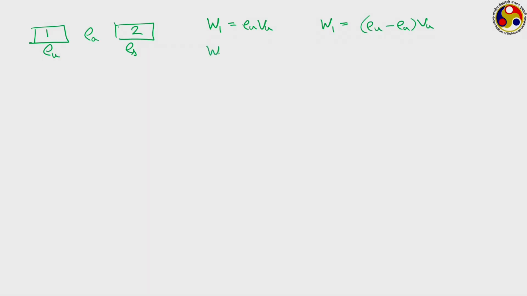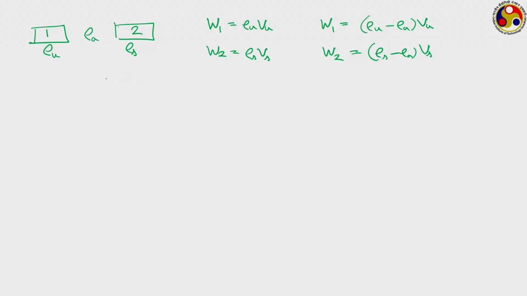Similarly, W2, the mass of the counterweight, should be rho s into Vs, but because it is immersed in this fluid of density rho a, the corresponding force that your balance is sensing is (rho s minus rho a) into Vs.